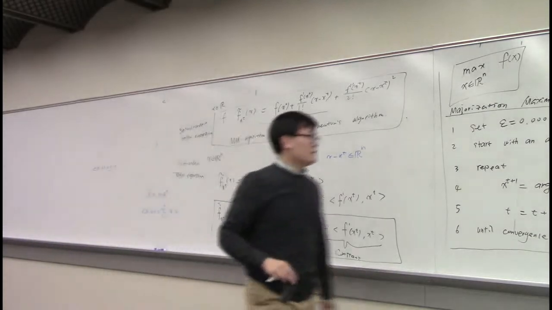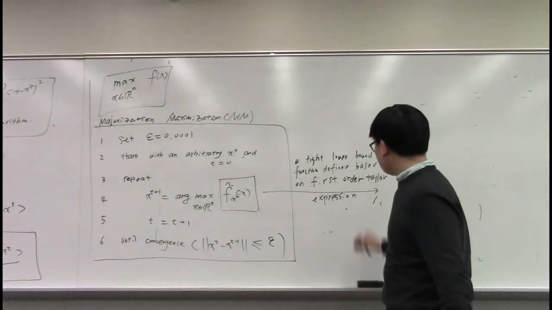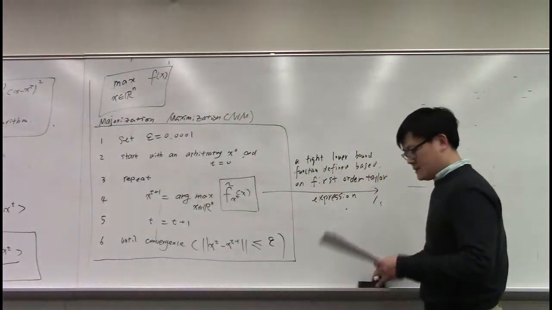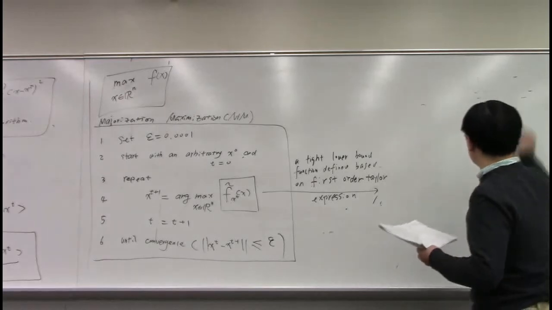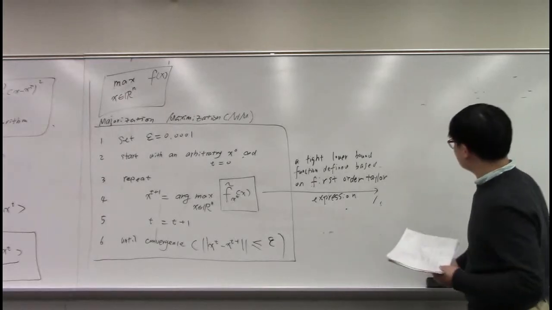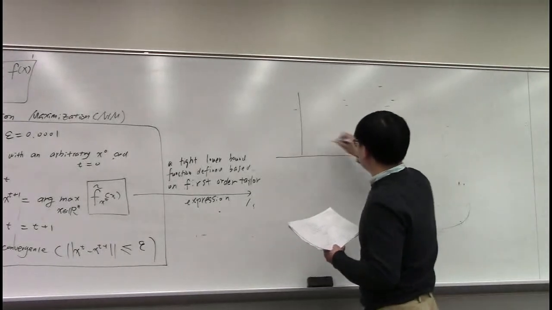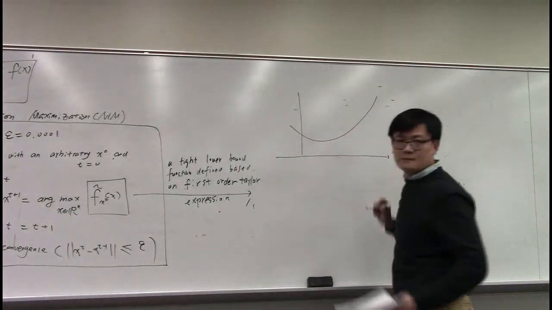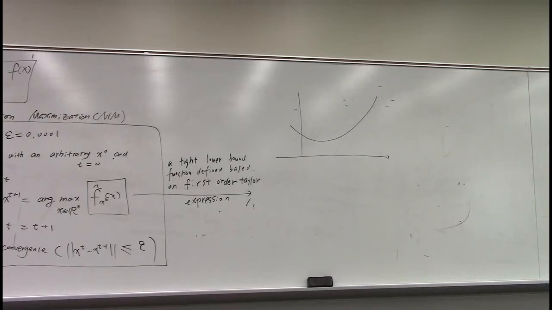That's why a tight lower bound function defined based on first order Taylor expression has this form. Basically, for a submodular function, the shape is like this.